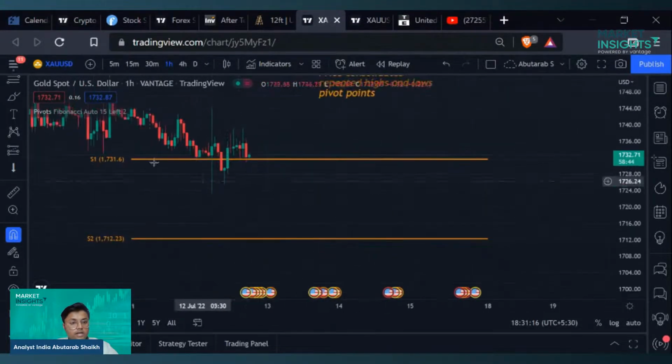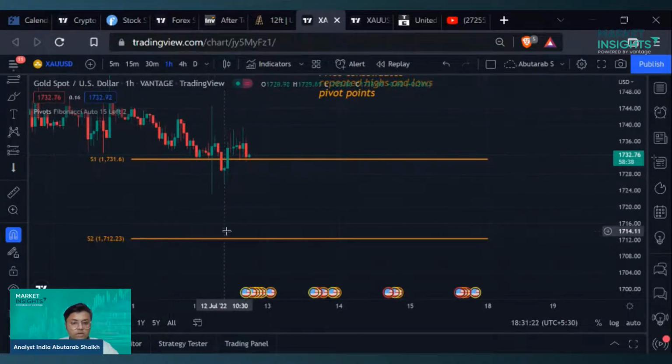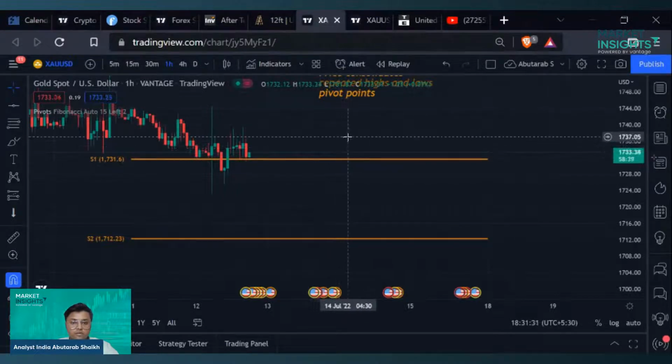We can take this as a reference, but not as an exact number. Somewhere around here you can take your target, and you can keep a stop loss above this pivot, at the previous high.